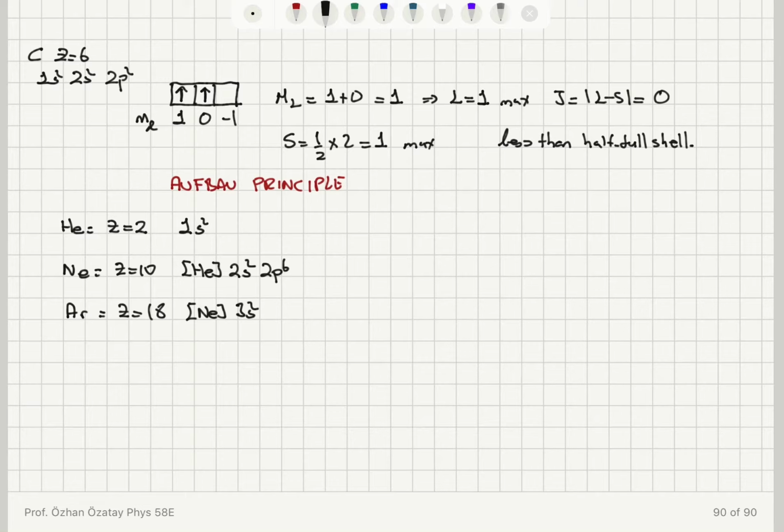3s2, 3p6. For krypton, which has Z equal to 36, we have argon configuration plus 4s2, 3d10, 4p6.